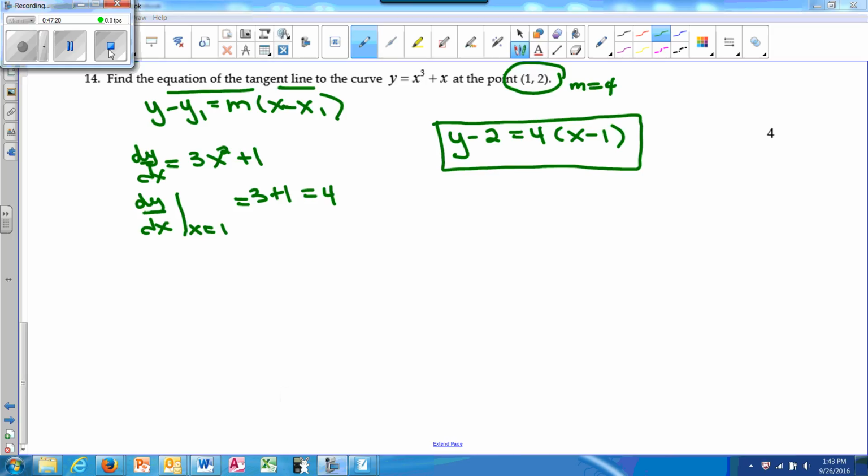The derivative, watch the notation, you need to know this notation, at x equals 1 is equal to 3 times 1 plus 1, or 4. So I now have the point and I have the slope of the tangent. So the equation is y minus 2 equals 4 times x minus 1.